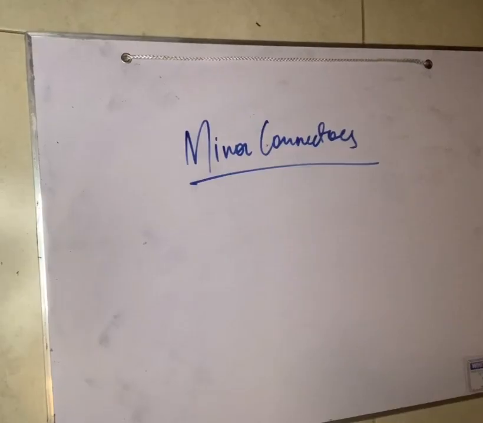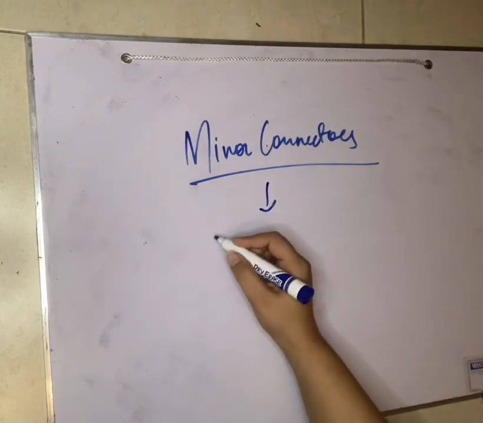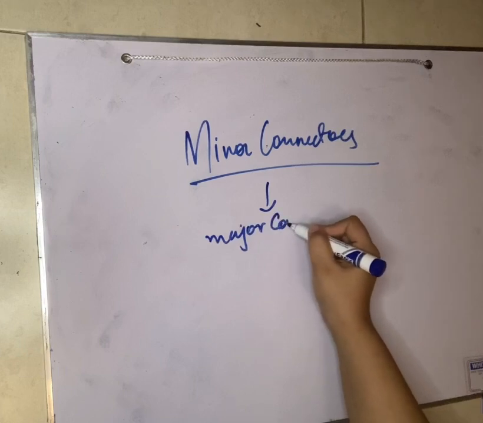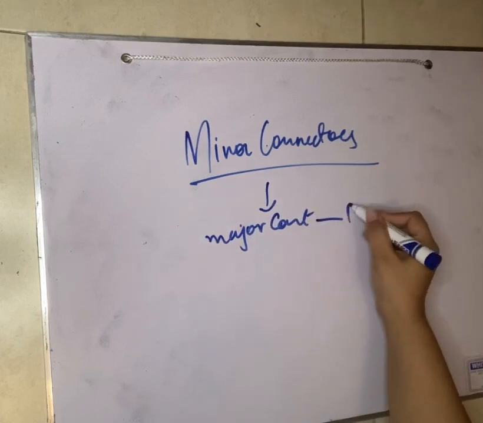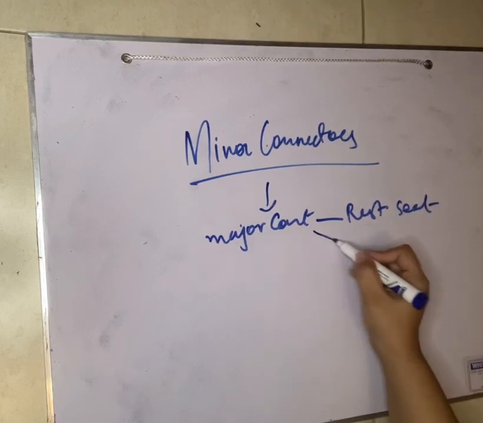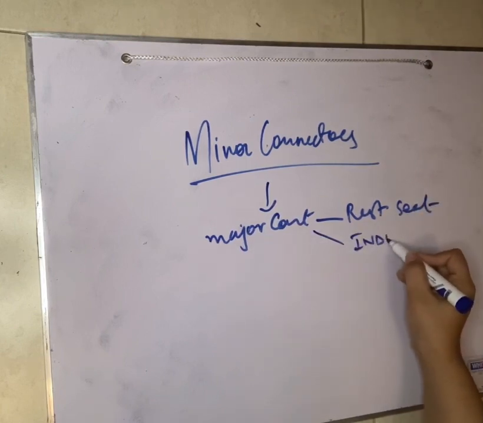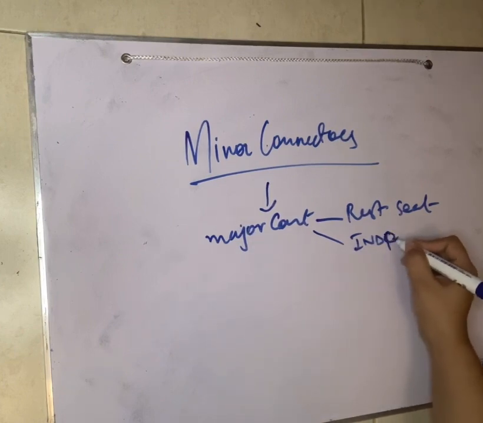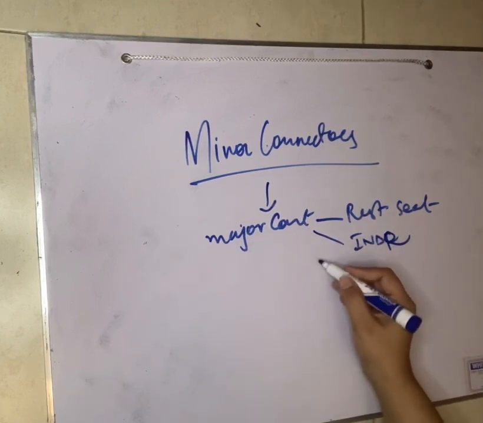Lastly, we have the minor connectors, and in the minor connectors there is not much to remember, just that it connects the major connector to the rest seat, indirect retainer, sorry, and the clasp.